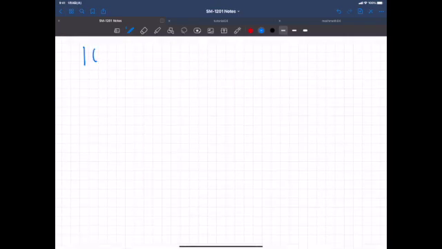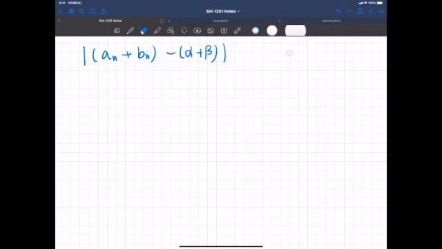Now we want to show that |an plus bn minus (alpha plus beta)| is less than some arbitrarily chosen positive number. If you move alpha here and beta here, then we have |(an minus alpha) plus (bn minus beta)|.